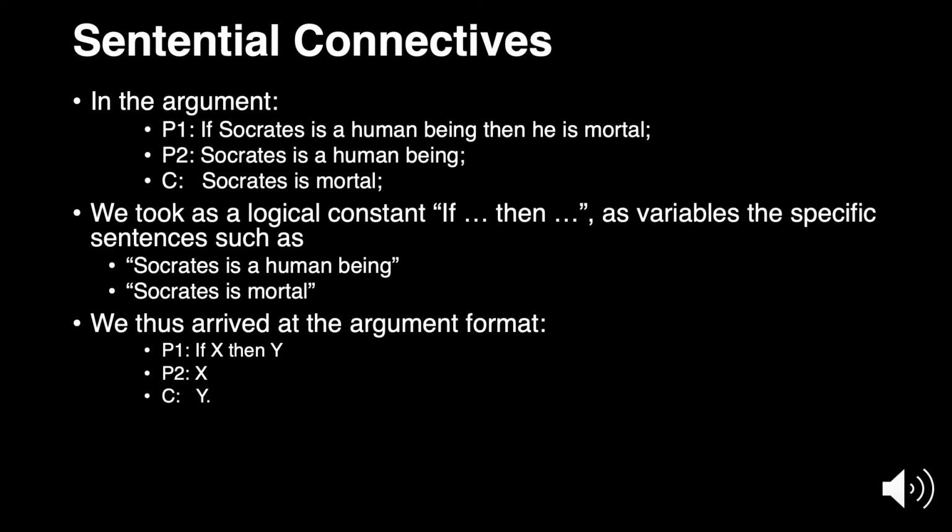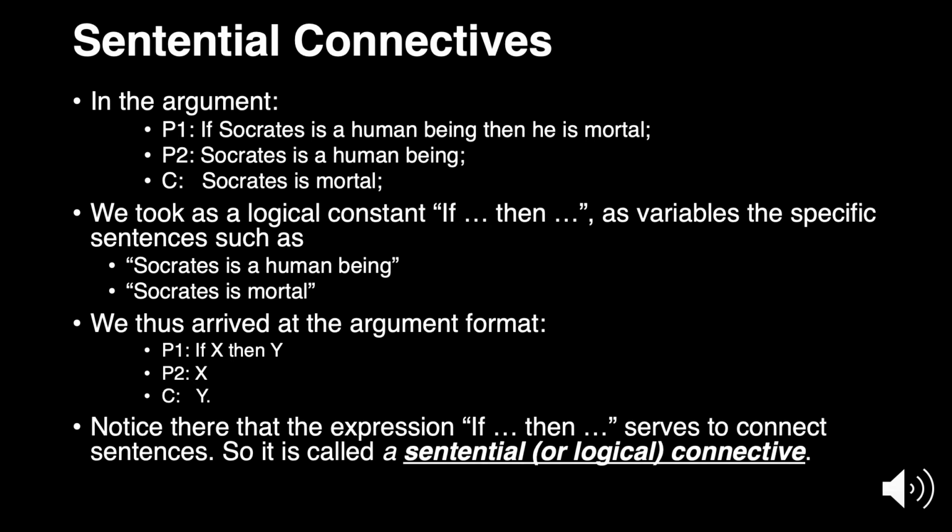Now notice here in premise 1 that the expression "if then" serves to connect statements like "Socrates is a human being" and "Socrates is mortal." Those two sentences are connected by "if then." So a logical constant such as "if then" is called a sentential connective.